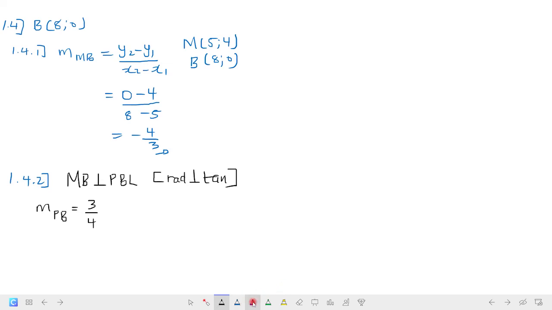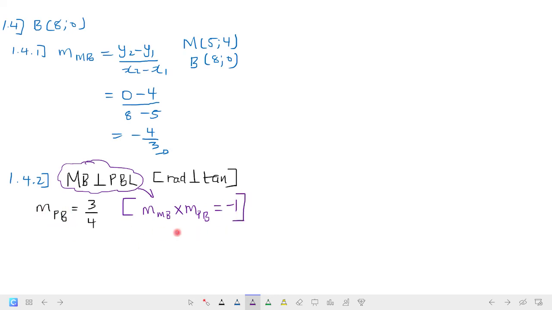So where do I get this 3 over 4? You get it from the idea that if I have two lines that are perpendicular to each other, then the gradient of one line, let's call it MB, multiplied with the gradient of the second line, which is PB, gives minus 1. That's how I got this value.